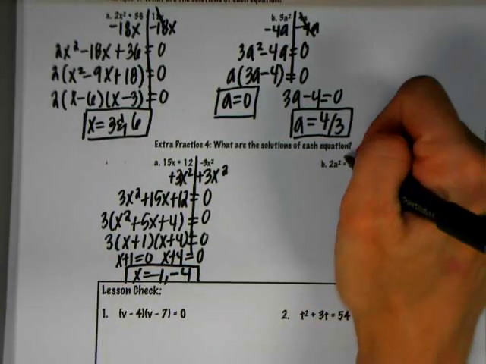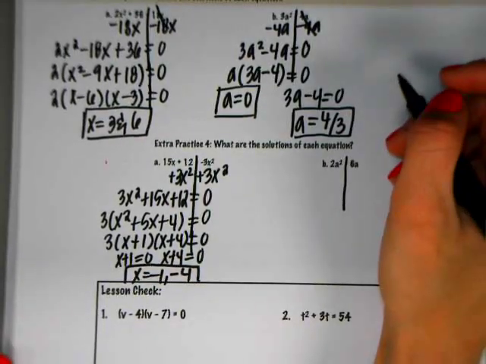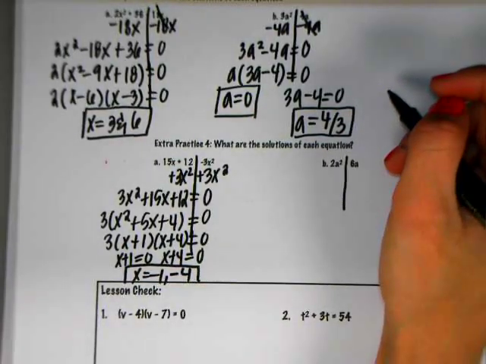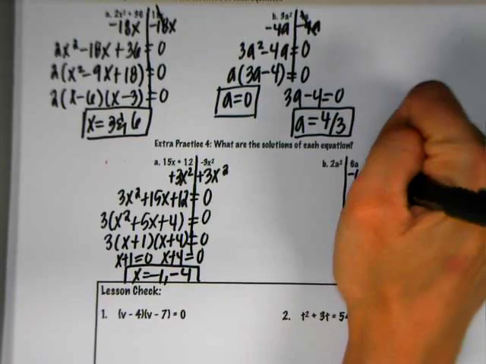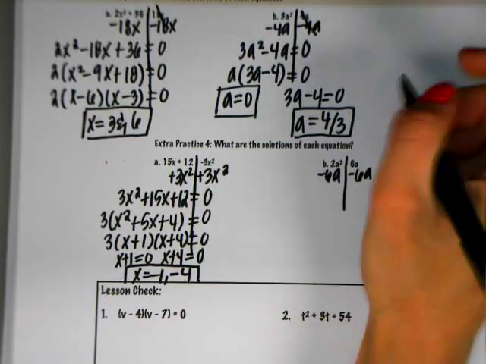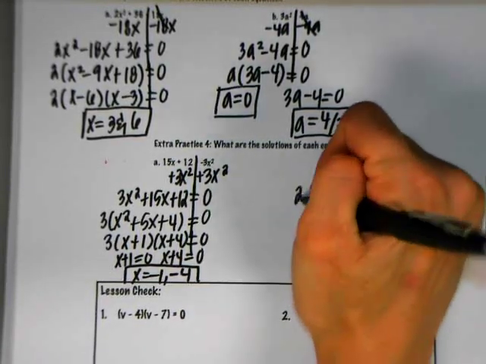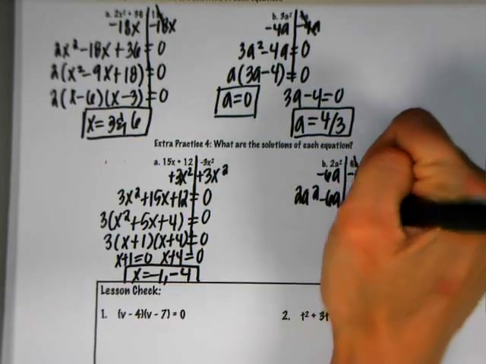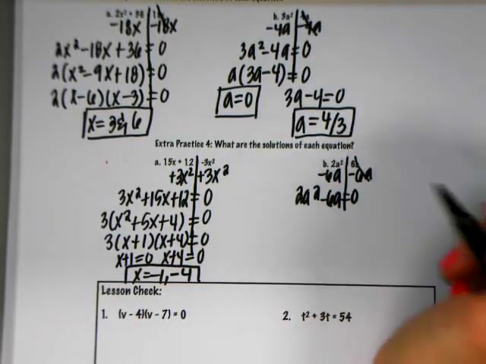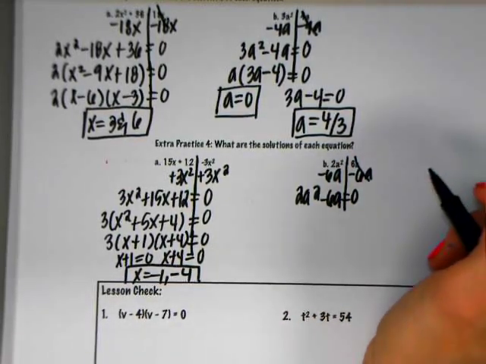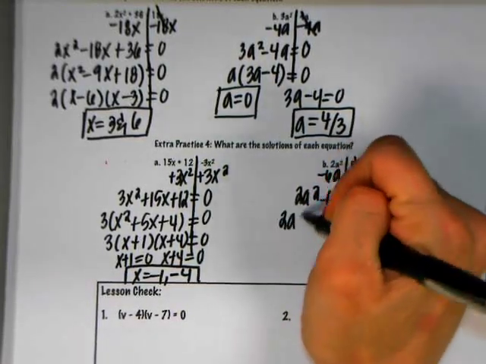Next one, what do you guys do first? Oh, minus 6. So you have 2a squared minus 6a equals 0. Okay, is there a GCF? Yes, what is it? 2a, and what's left?